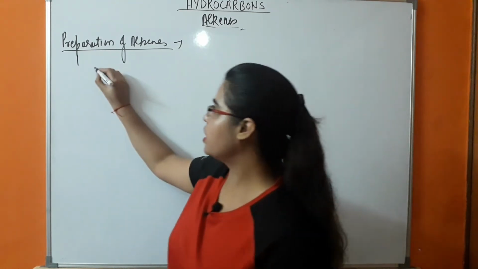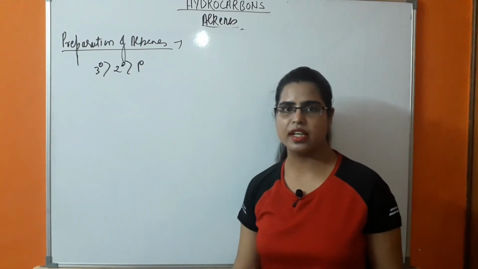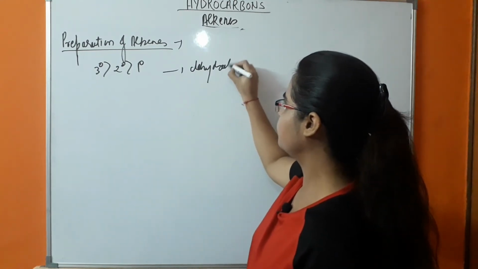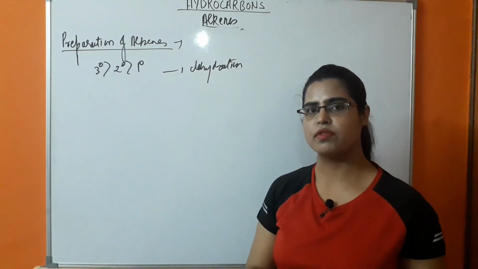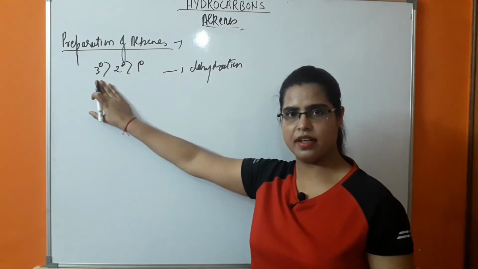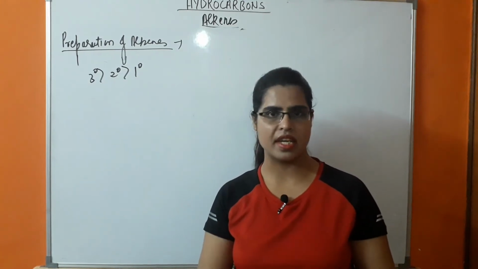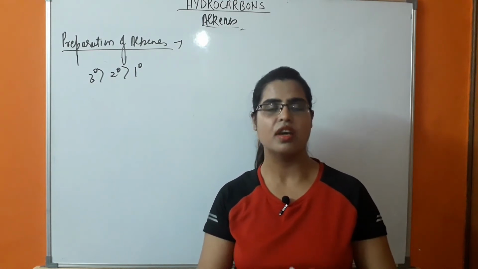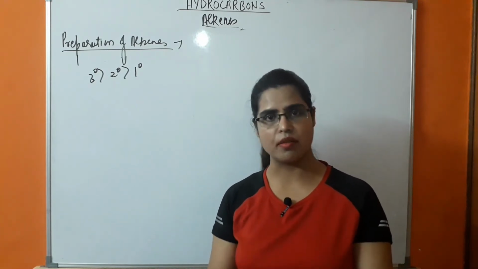It means the reactivity of 3 degree carbocation is more towards dehydration, because 3 degree carbocation is more stable, so the reaction of 3 degree alcohol will be more towards dehydration. There are many examples in which rearrangement is taking place, either 1,2-methyl shift or 1,2-hydride shift, for the formation of a more substituted or more stable carbocation.